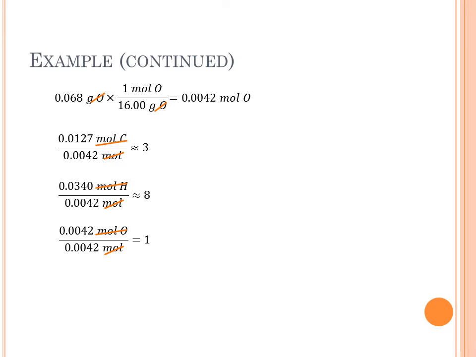And then 0.0042 moles divided by itself is, of course, 1. Yielding an empirical formula for isopropyl alcohol of C3H8O.